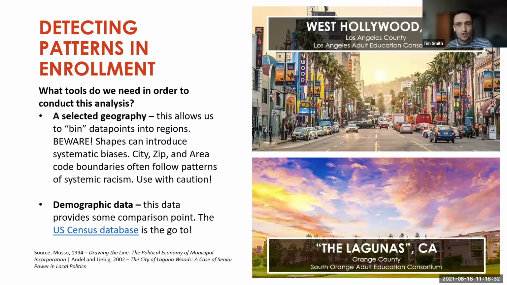So, like I mentioned before, selecting how we bin or how we place people in geographies is really important. Sometimes we can introduce systemic biases if we're introducing bins that were created based on systemic inequalities. And other times, some of those bins were based on political realities that were really empowering. West Hollywood was created in the 1980s, I think, right around the AIDS epidemic.